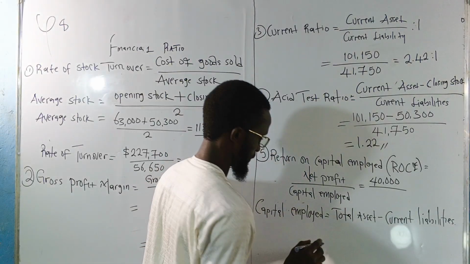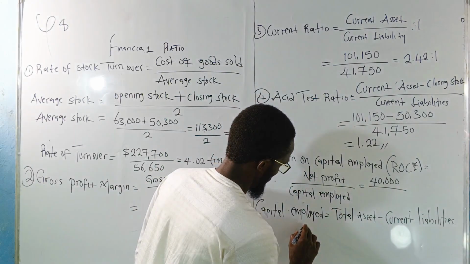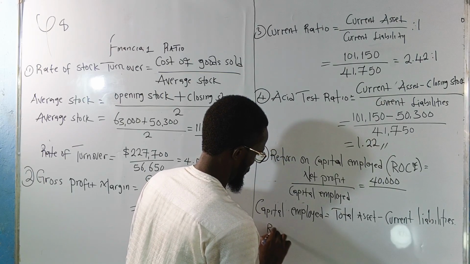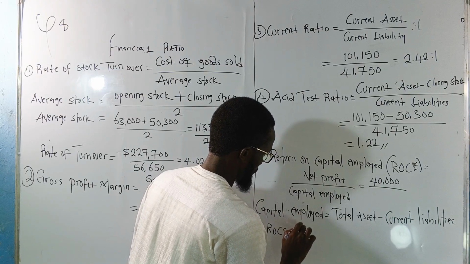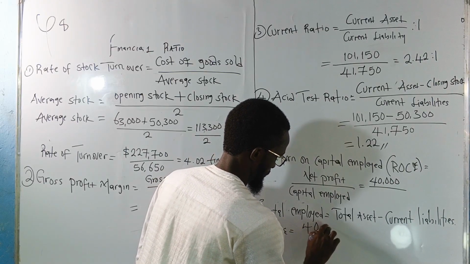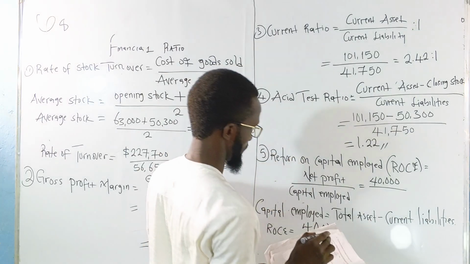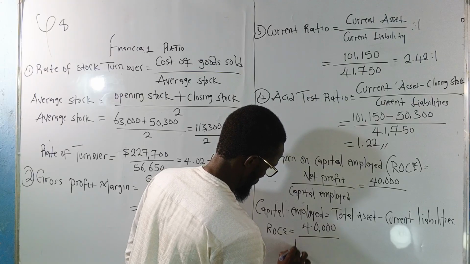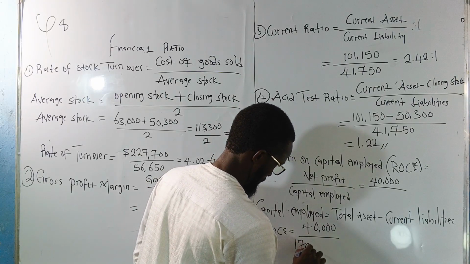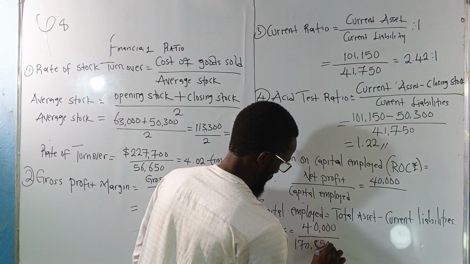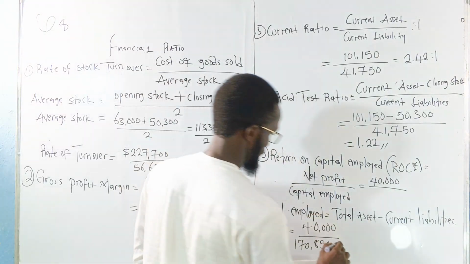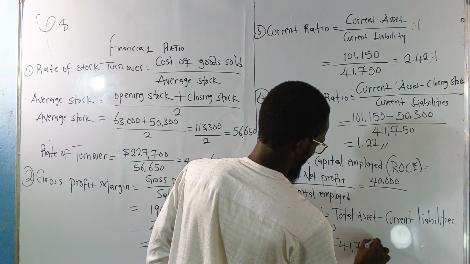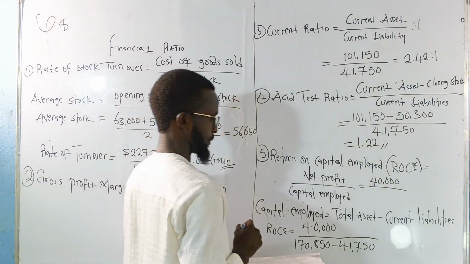Our net profit is 40,000. For our capital employed, our total assets is 170,850 minus our current liabilities, which is 41,750.